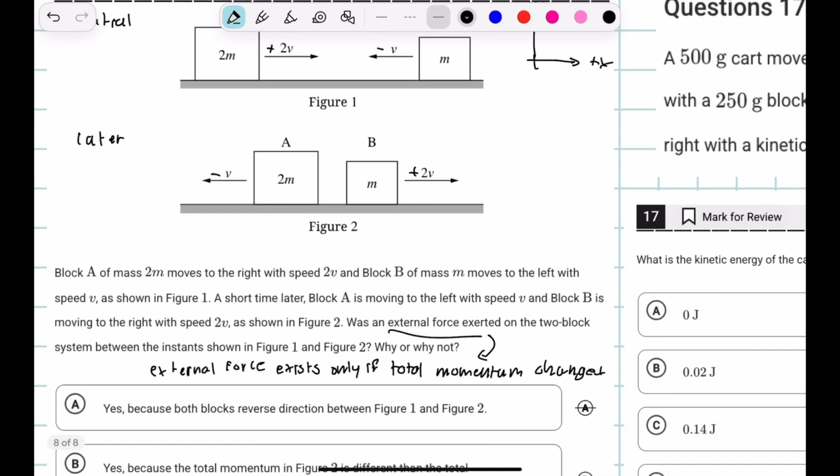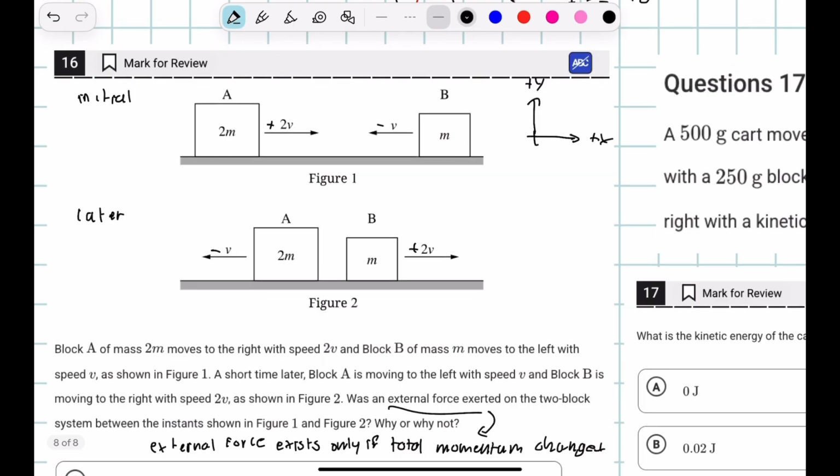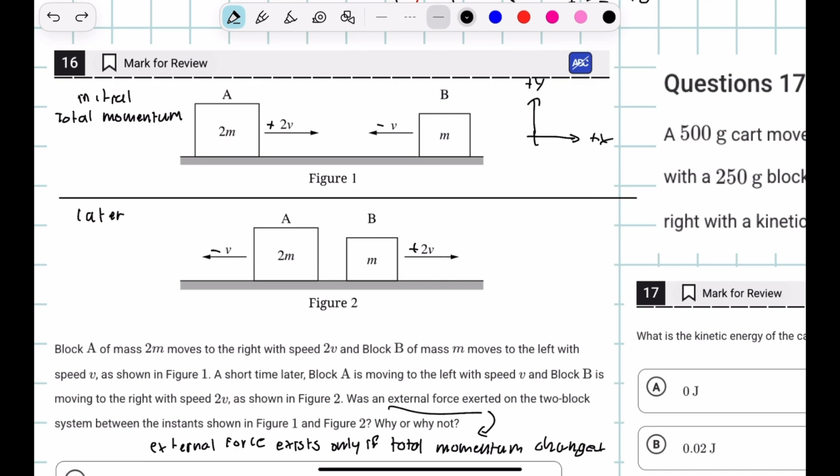So we can find the total momentum in both of these systems, right? Total momentum, P initial, is equal to 2m times 2v, remember P is equal to mv, plus m times negative v.